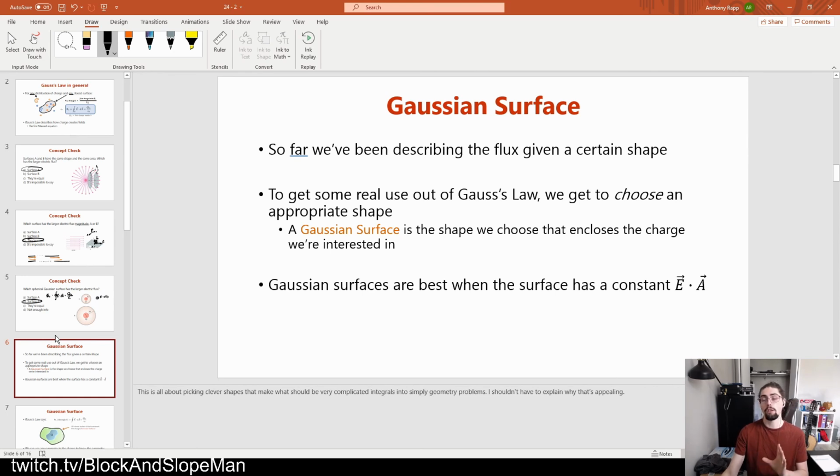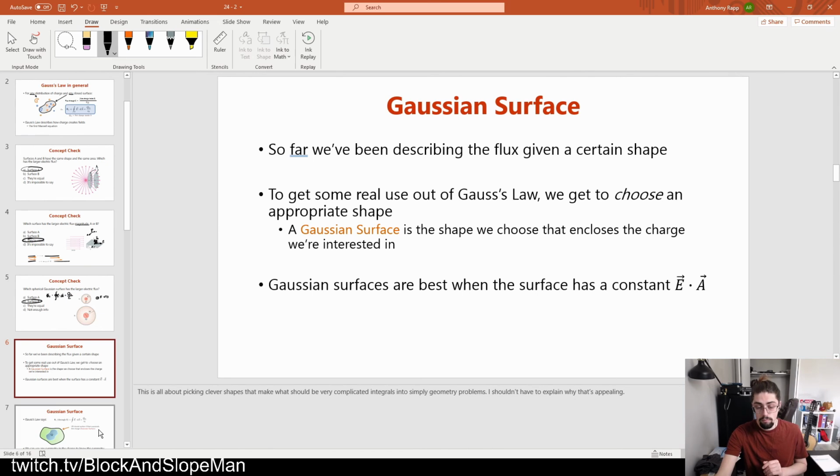We have to be on the lookout for symmetrical shapes and draw a Gaussian surface that matches the symmetry of our object. Right? We're trying to look for the times where we can simplify this integral, E·dA, into just EA. Right? No vectors or nothing else.